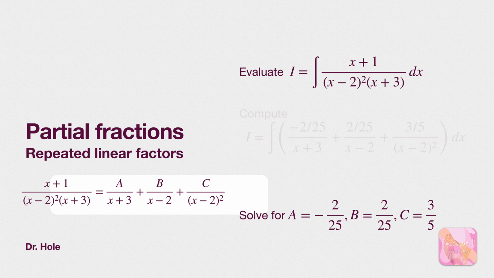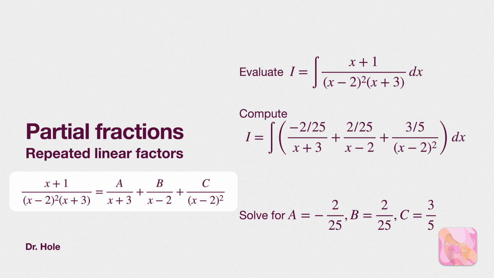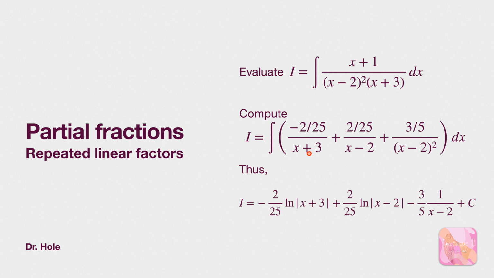Nice. Now, with a, b, and c identified, we can take our integrand and write down its partial fraction decomposition and have nice elementary integrals to evaluate. So the constant over x plus 3 will integrate to ln of the absolute value of x plus 3. Same thing for the x minus 2.